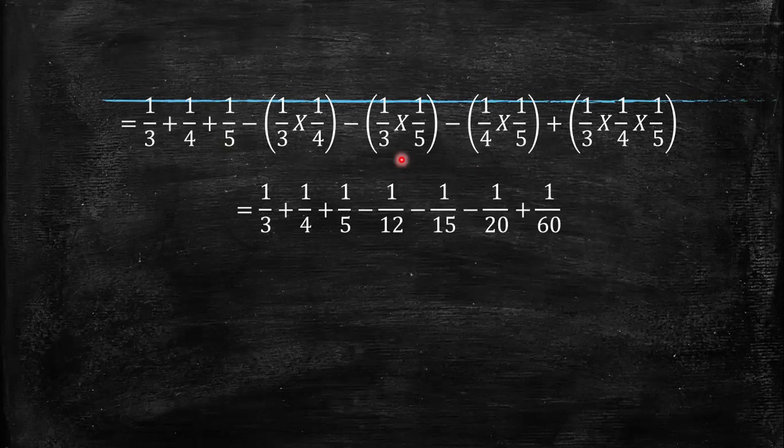But for purposes of learning, for example, this bracket gives us 1 out of 12. Second bracket gives us 1 out of 15. This one gives us 1 out of 20, and let's say this gives us 1 out of 60. So after that, we add using a calculator. We do our operations using a calculator, and then we should be able to get the answer. So can we put our calculators to work?